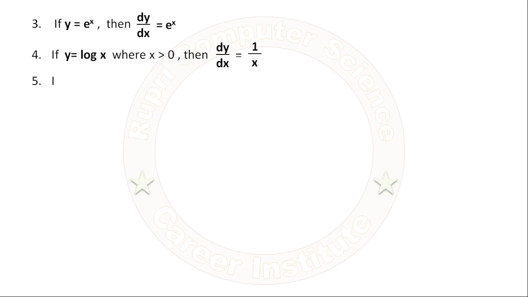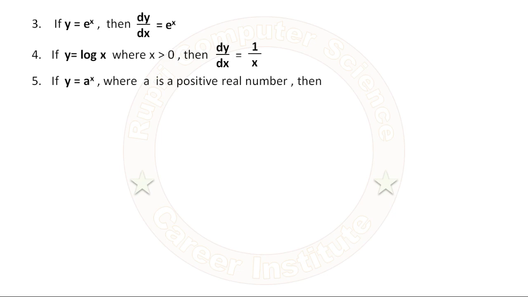Next, fifth, if y is equal to a raised to x, where a is a positive real number, then dy/dx is equal to a raised to x into log a. So you have to remember all these formulas to solve the derivatives.